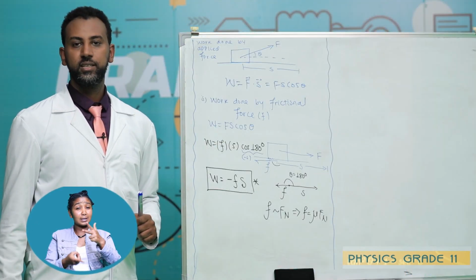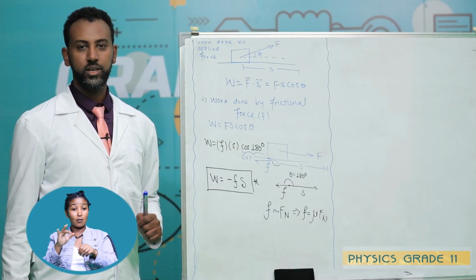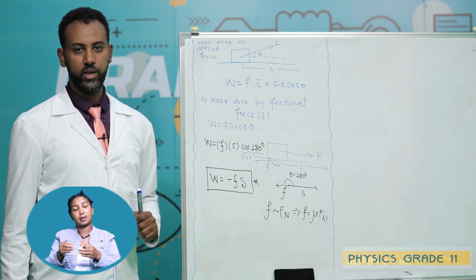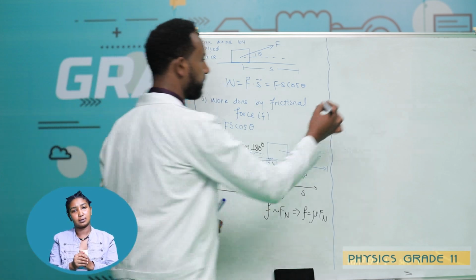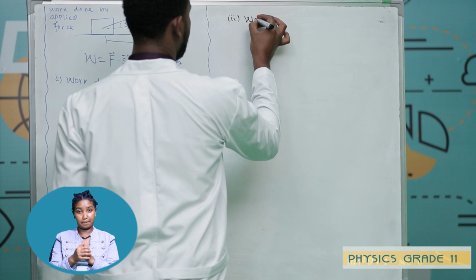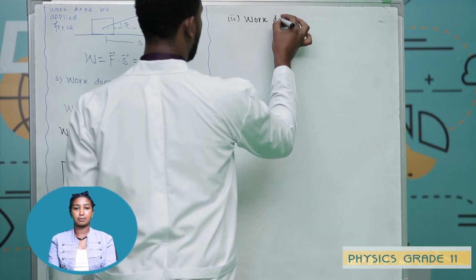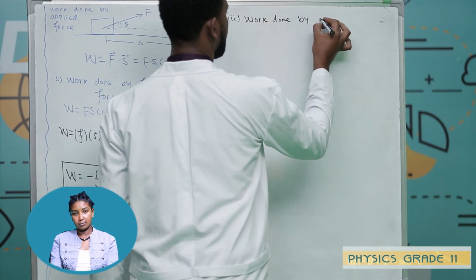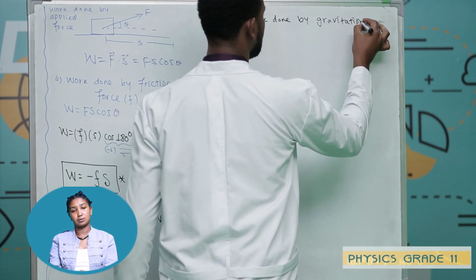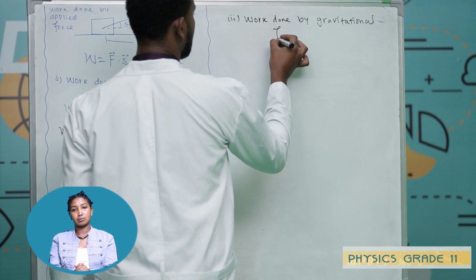The third type of constant force is gravitational force. How do we determine the work done by gravitational force? So let's try to see that. Work done by gravitational force.